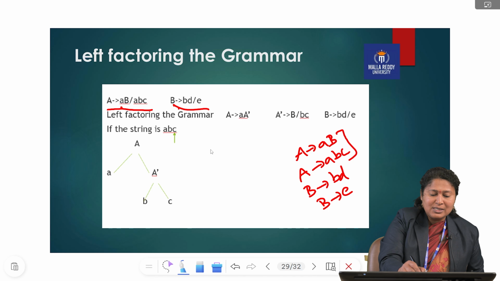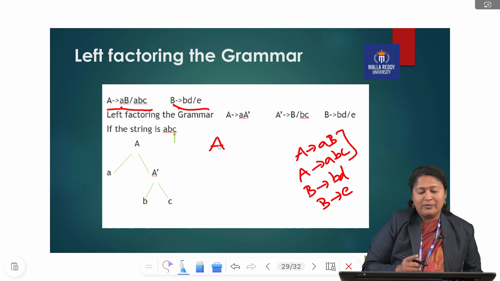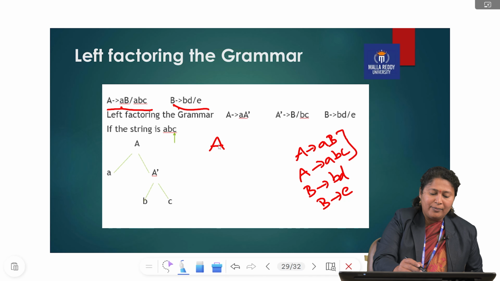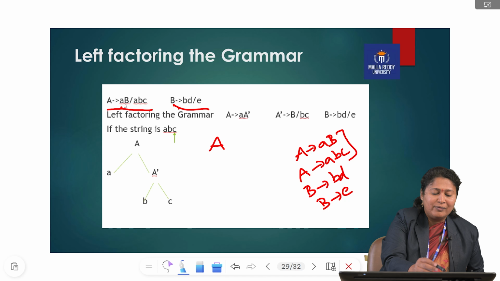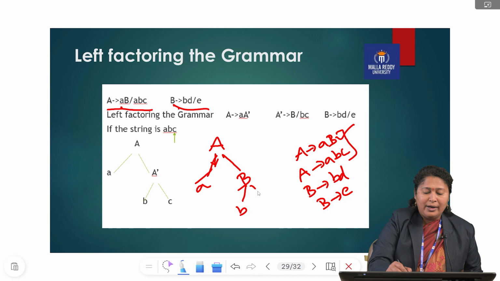Now my start symbol is A. I should start from A and check whether that string is achieved or not. First, suppose I am going with the first production, A tends to AB. Here I am replacing A with AB, and for B I have BD, which gives ABD.